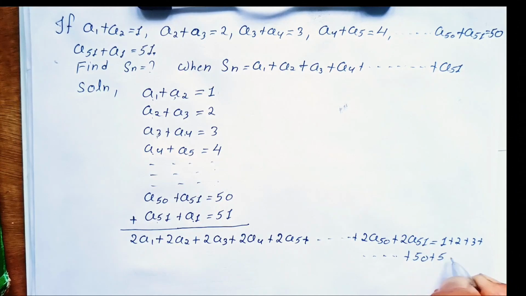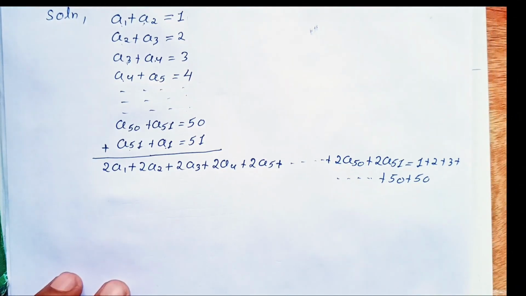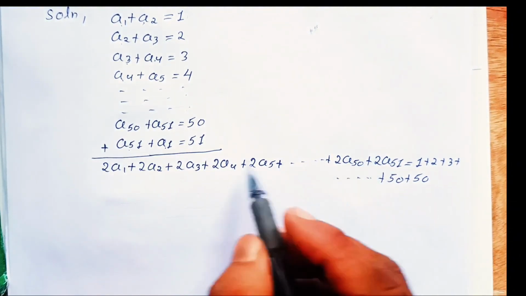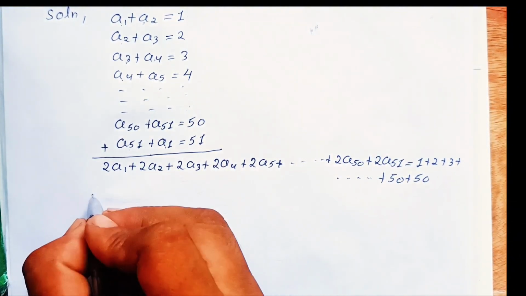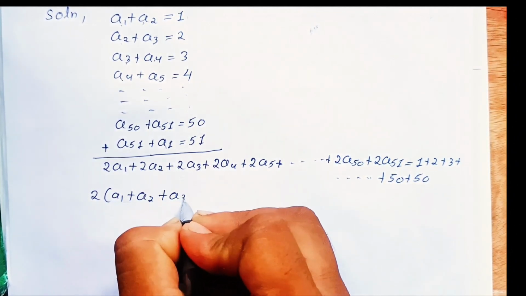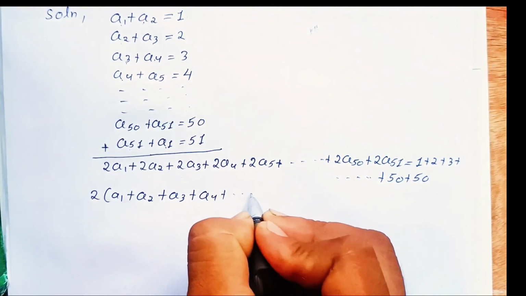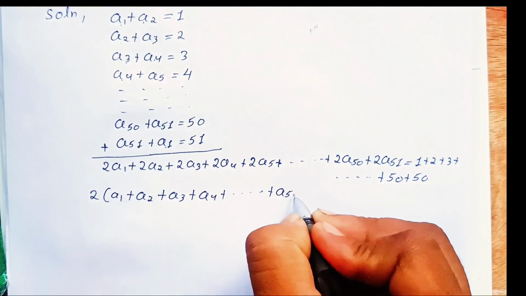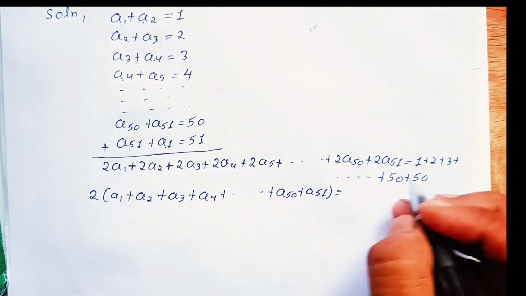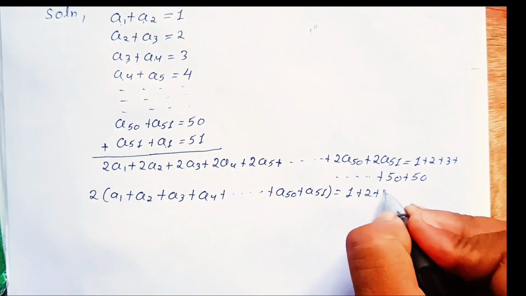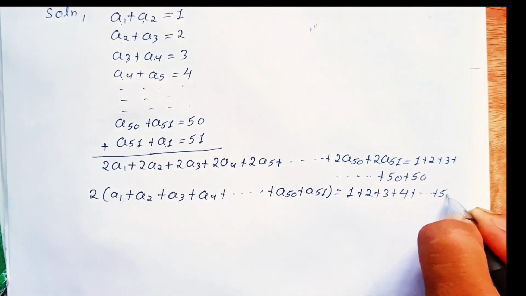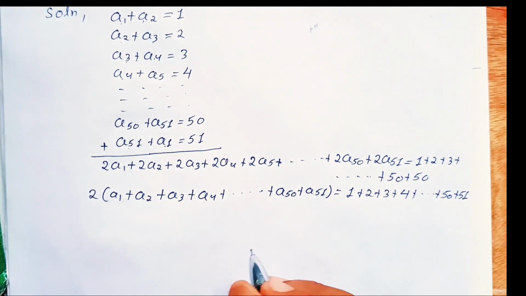50 plus 51. Now next, on the left hand side we take the common factor from each term, that is 2, so that will be 2 times a1 plus a2 plus a3 plus a4 plus up to a50 plus a51, that is equal to, on the right side, 1 plus 2 plus 3 plus 4 plus up to 50 and plus 51.